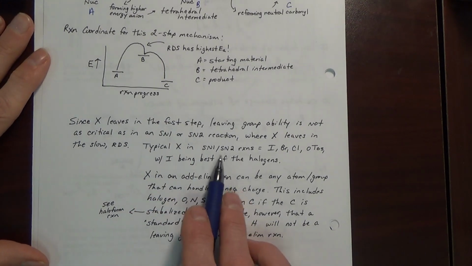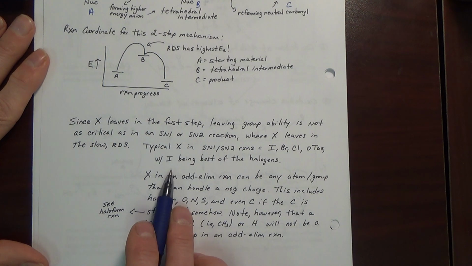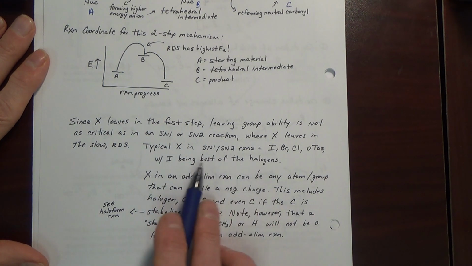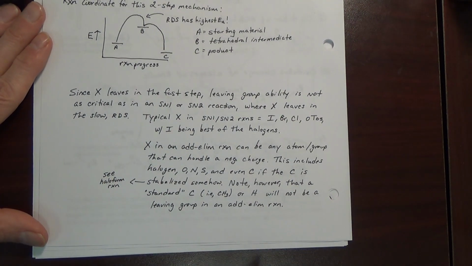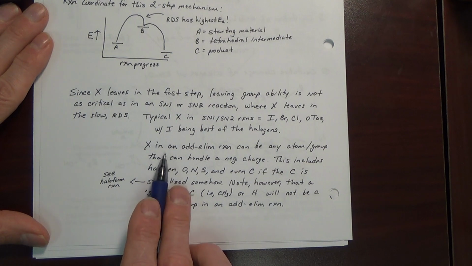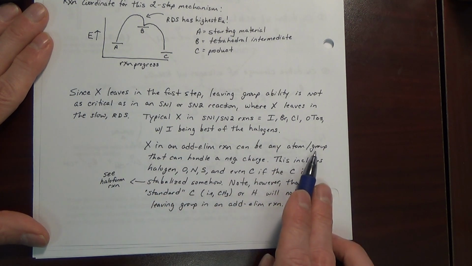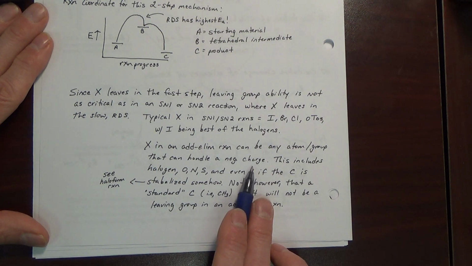Typical leaving groups for SN1, SN2 are your halogens, tosylate, with iodine being the best of the halogens. Here, the leaving group X can be any atom or group that can handle a negative charge.